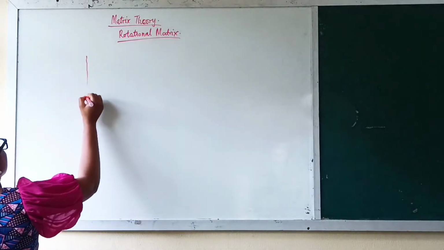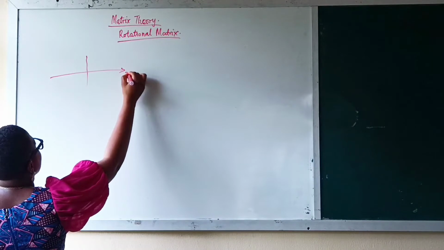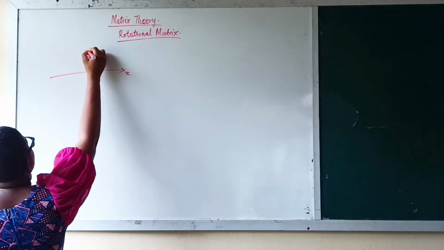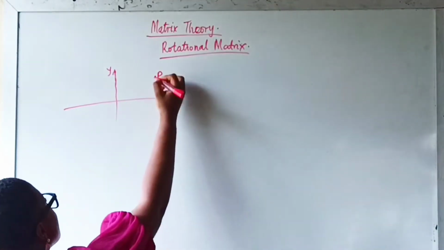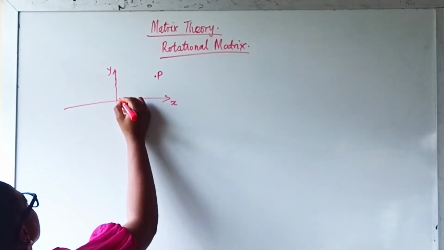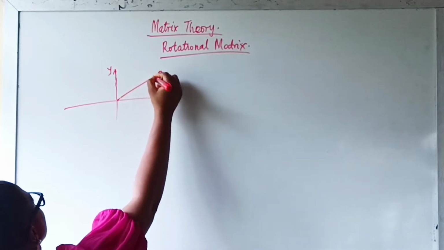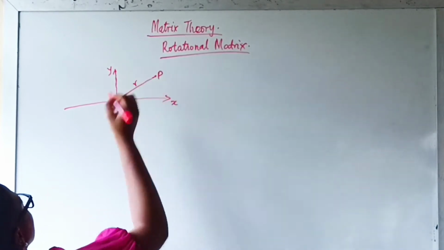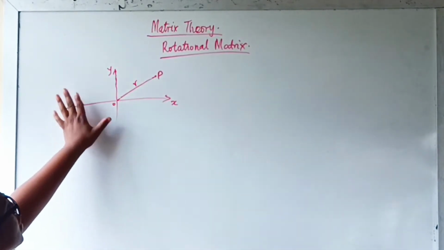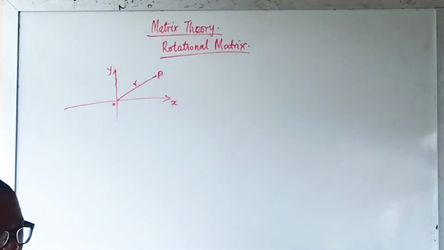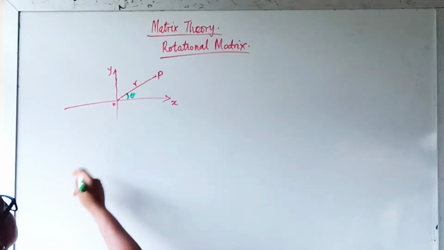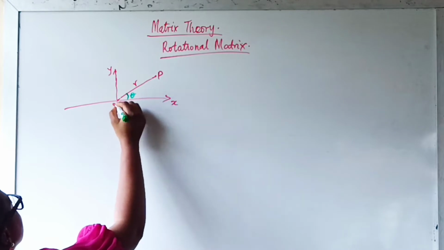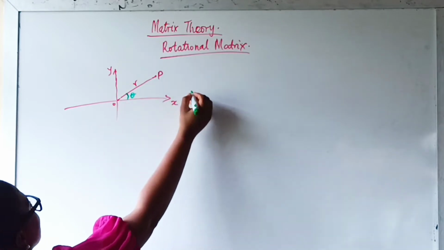If we have our normal partition plane, and a fixed point P, the distance between the origin and P is, say, R. If you are asked to rotate this whole plane about an angle, first of all, let's say this is theta, and we are asked to rotate about an angle alpha, and alpha is less than theta.